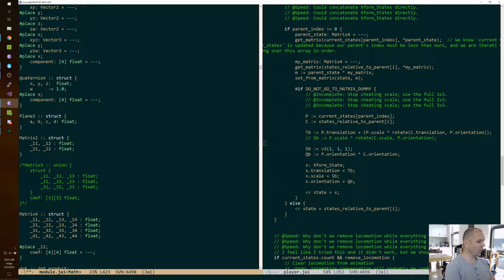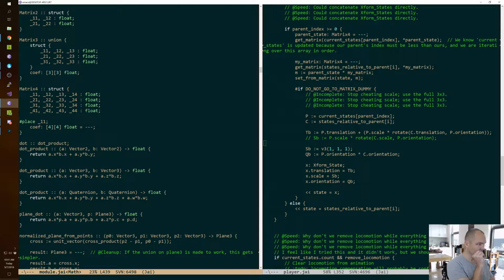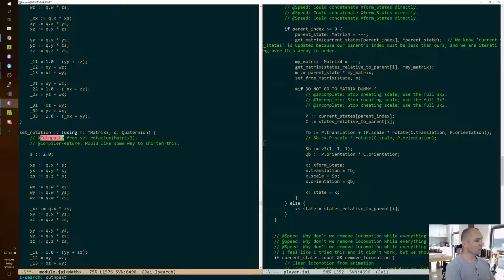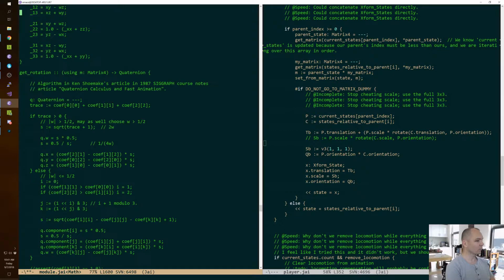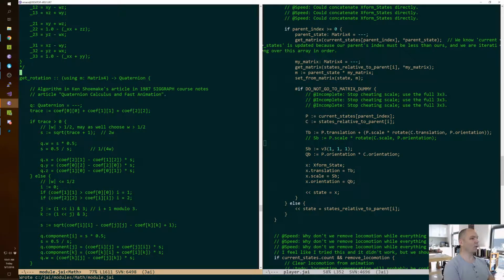We don't even have matrix 3 defined right now. Here's the thing. If I want to make this a little bit faster, I can go do all this stuff.